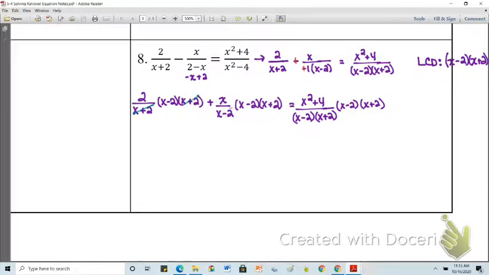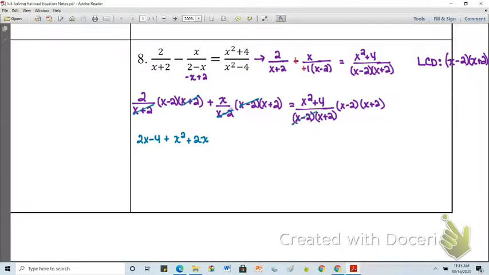X plus 2's cancel, leaves me with 2x minus 4. X minus 2 cancels, leaves me with x squared. It's not equals. X squared plus 2x.